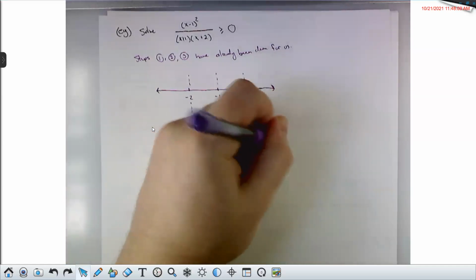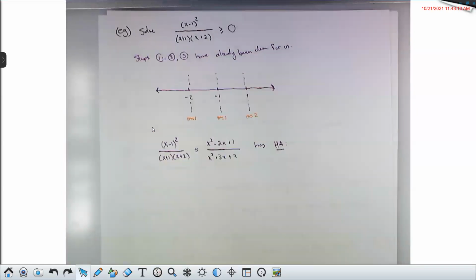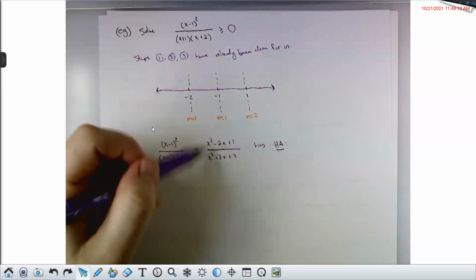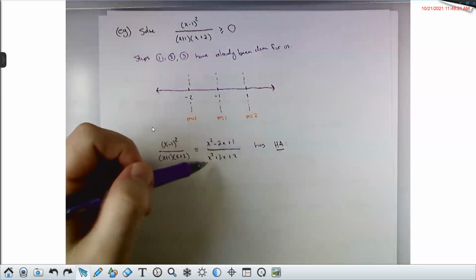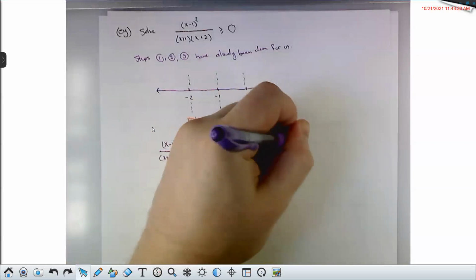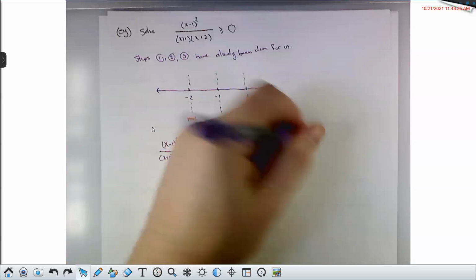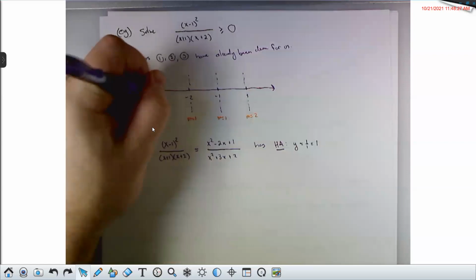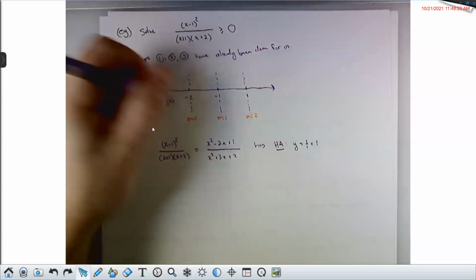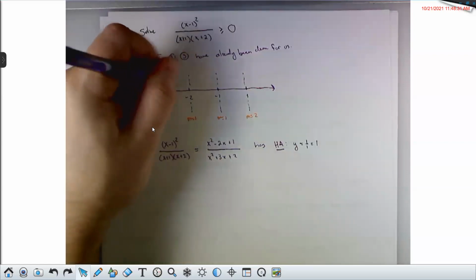So this has what horizontal asymptote? Is it 1? The degree of the top and bottom are the same. They're both degree 2. So we take the ratio of lead coefficients. That's 1 over 1, which is 1. So the HA is the line y equals 1. In particular, we're positive.